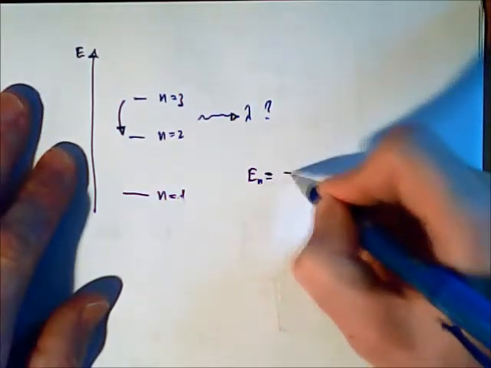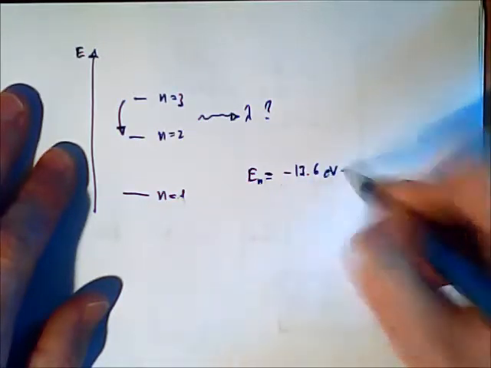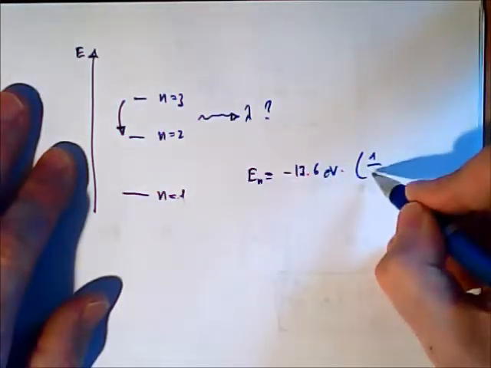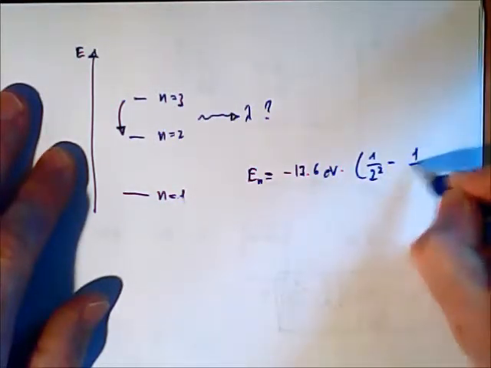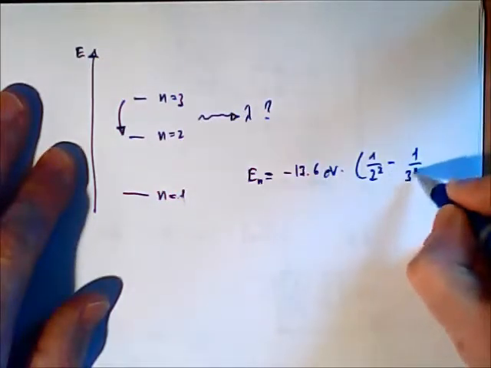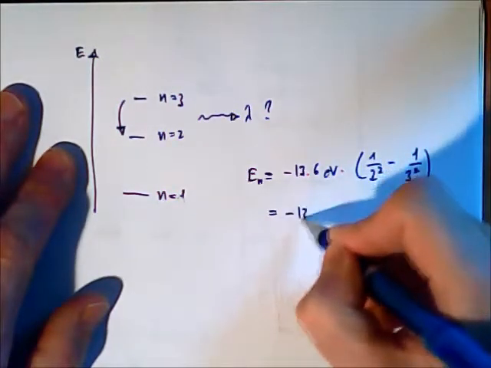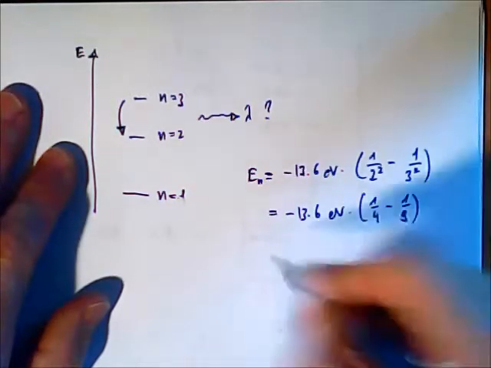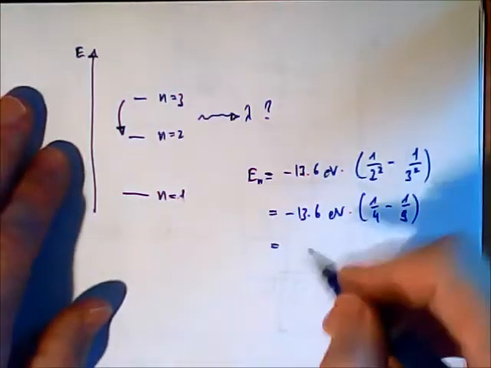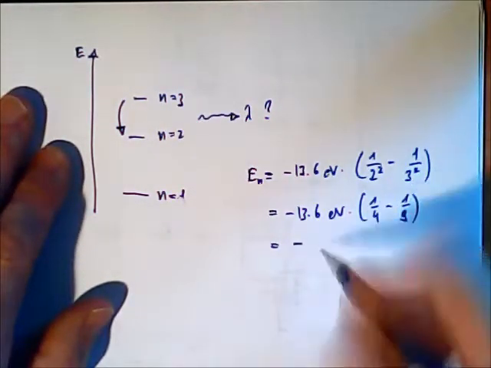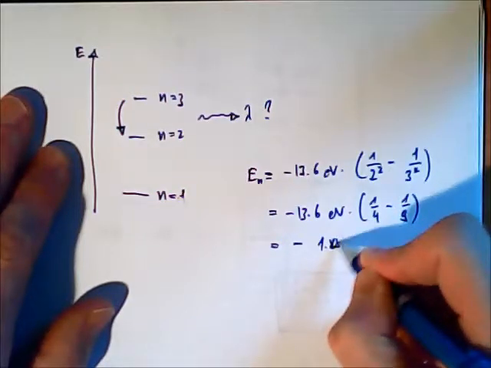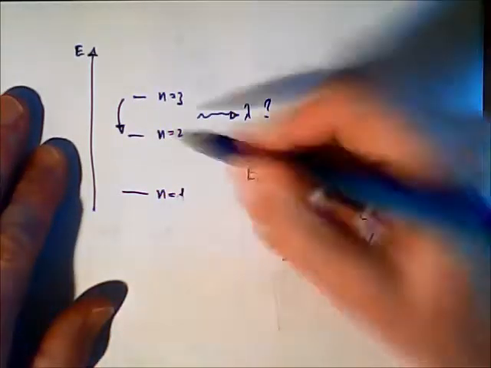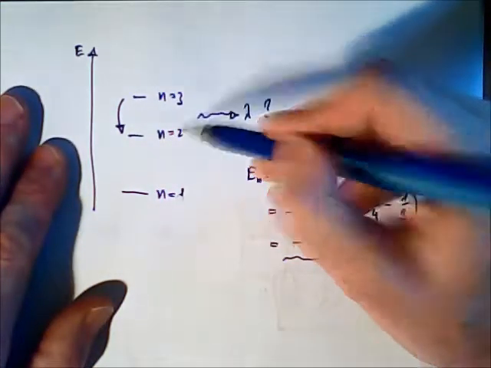The energy is this magic number 13.6 electron volt multiplied by 1 over 2 squared minus 1 over 3 squared. This is 1 over 4 minus 1 over 9, and if we calculate this, we will get something like 1.889 electron volt. This is the energy difference between level 3 and 2.